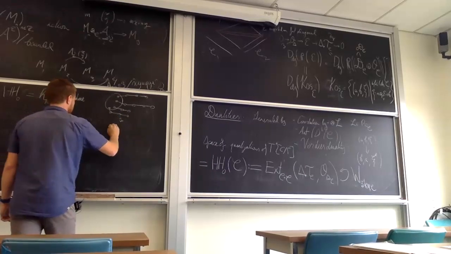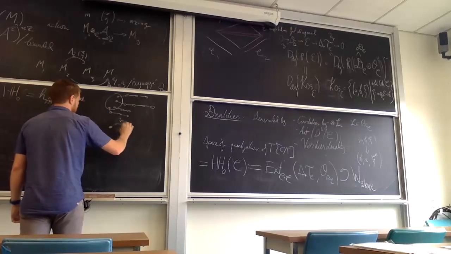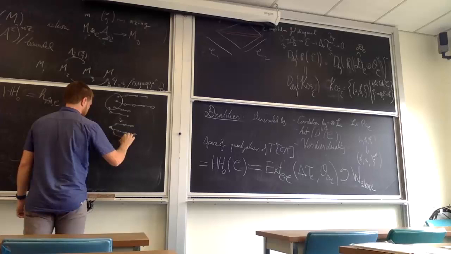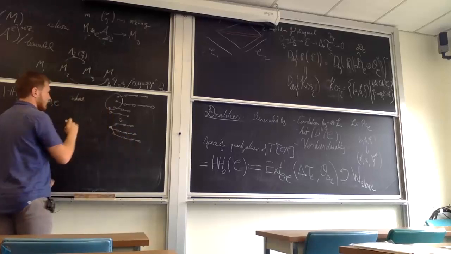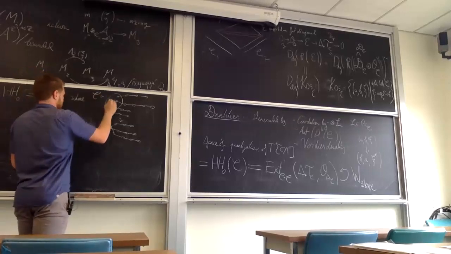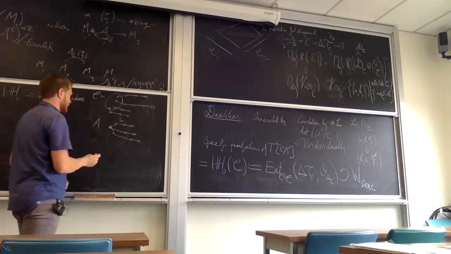It gives rise to a Dynkin diagram where we replace the base P1 with also points. This is a picture of our curve, yeah. C, yeah. So C is equal to this, and then our Dynkin diagram.